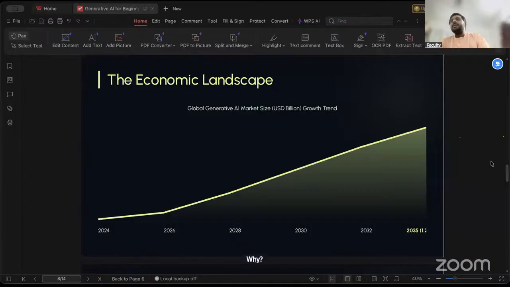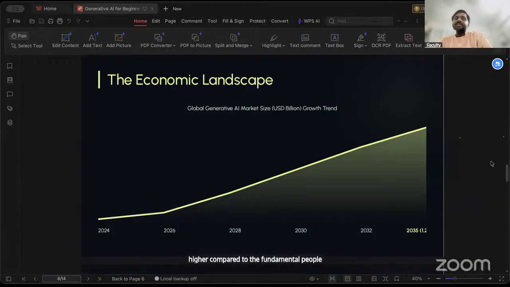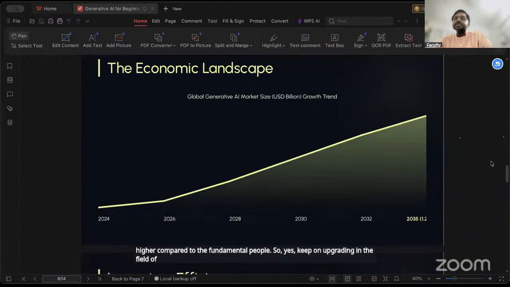Why? Because if I'm recruiting, and all of you are aware about Gen AI only, you'll get almost the same package. But if I'm recruiting a person with Gen AI plus agentic knowledge, definitely his package will be higher compared to the fundamental people. So yes, keep on upgrading in the field of Gen AI.